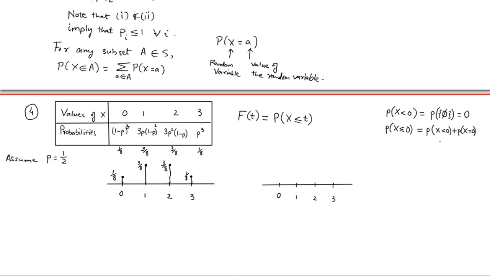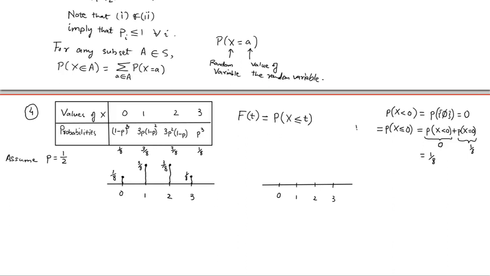Yes, sir. Right? And what is probability of x less than 0? 0. And what is probability of x equal to 0? 1/8. And so the answer is 1 by 8. Okay.